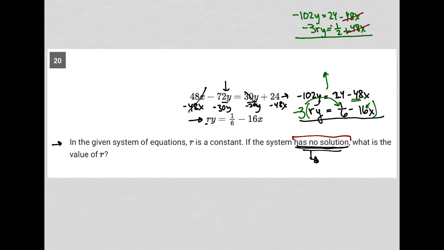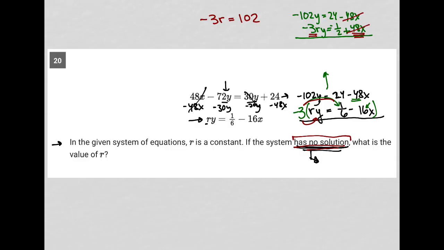So that tells me that negative 3r must be equal to 102, right? How did I get a negative 3? I got a negative 3ry by multiplying by this negative 3 here. I multiplied by negative 3 so that I could get a positive 48x. And again, just for emphasis, in order to have no solution, whatever you do to eliminate one variable must automatically eliminate the other variable as well.